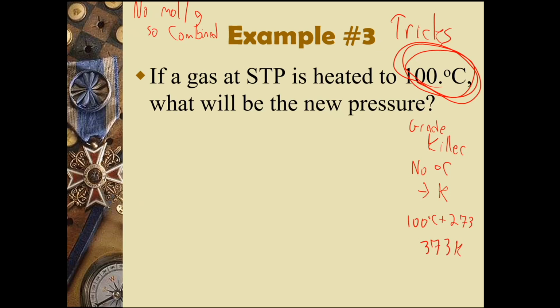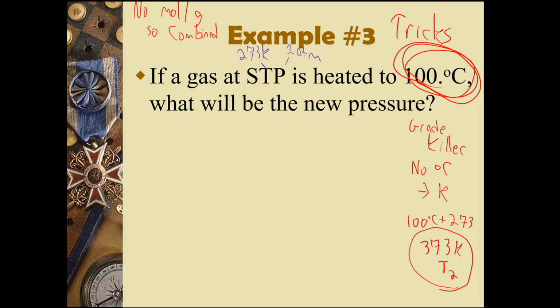Now, it says it starts at STP and it's heated to this, so this is our T2. So it's good to know that that's what we have. So that's trick number 1. Trick number 2 is this term STP. STP means our temperature is going to be 273 K and our pressure is 1 atm.